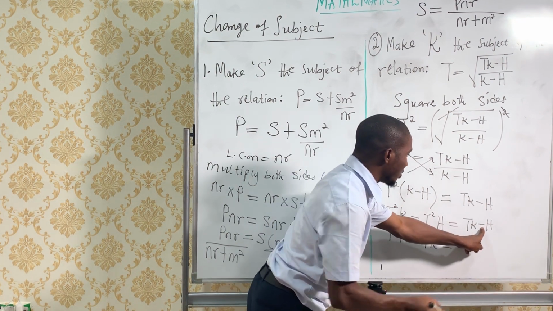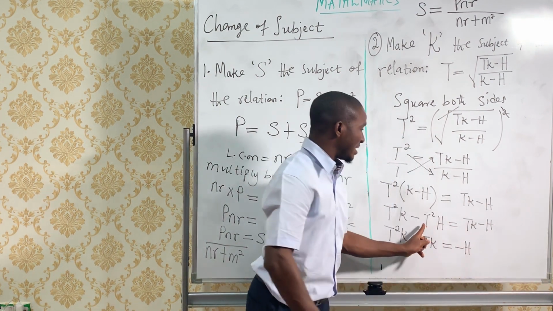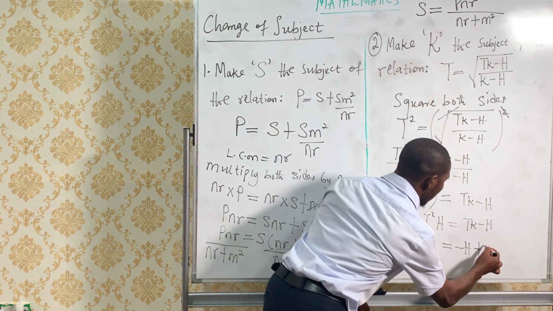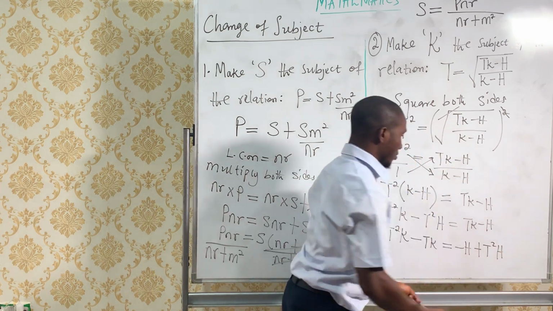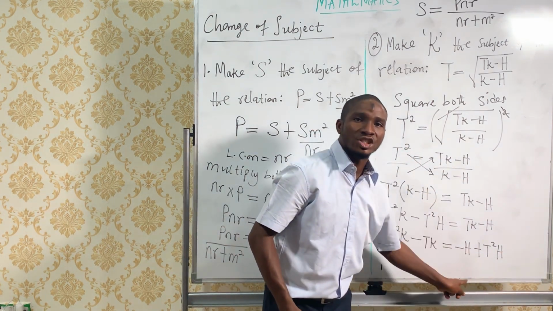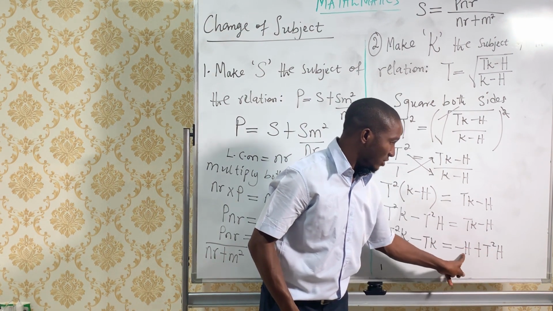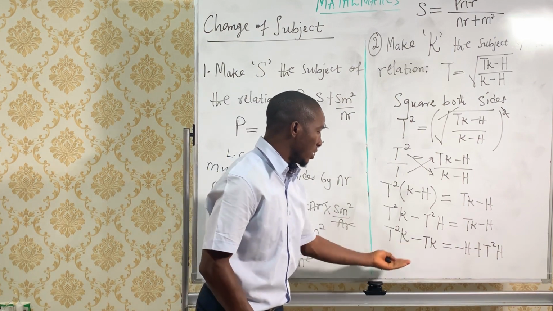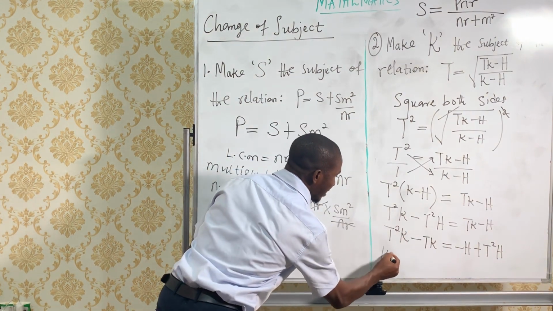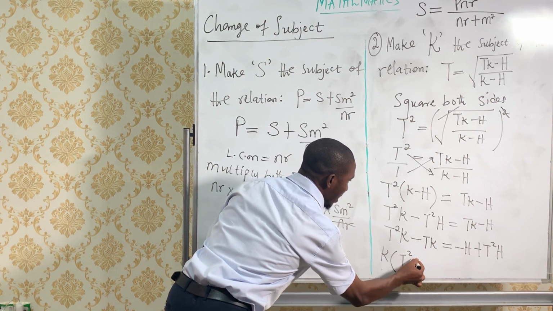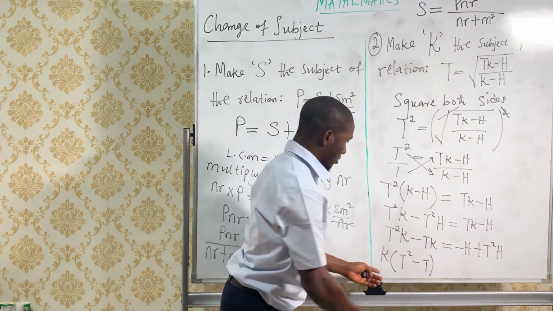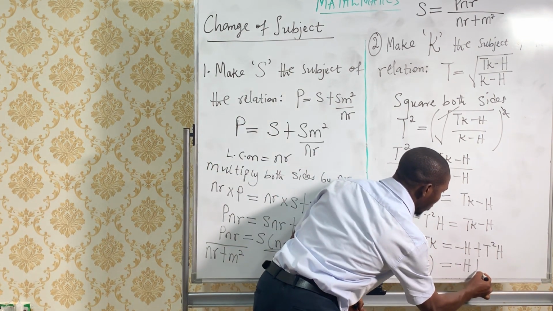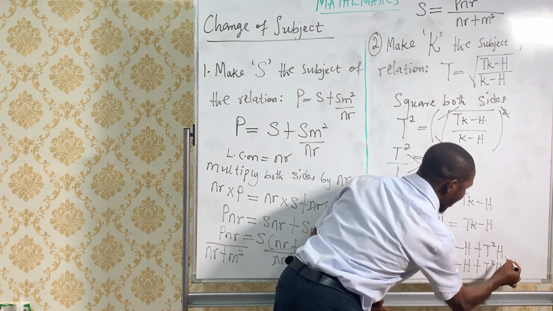Equals minus H. When we bring minus T squared H to the other side, it becomes plus T squared H. This can be rearranged as T squared H minus H. Our main target is K. K is common, so you can factorize K out. You can say K into bracket T squared minus T equals minus H plus T squared H.